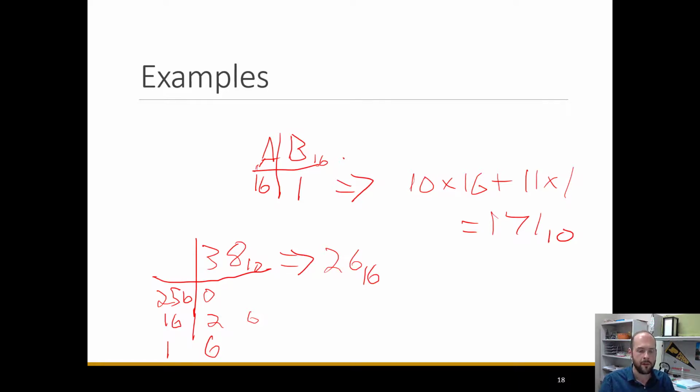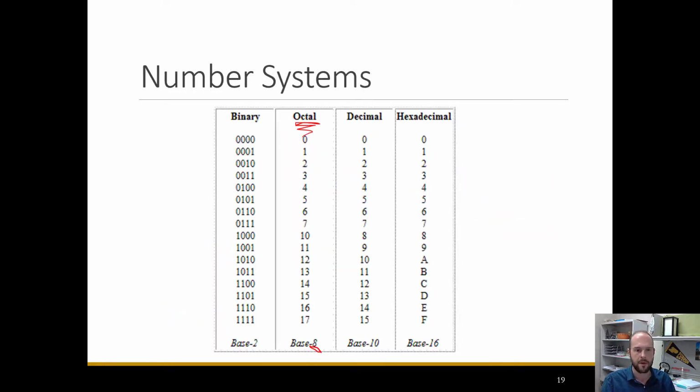So be very careful. Watch the subscripts. They indicate what the weights of the digits are. Again, please make sure you think about and comprehend fully moving back and forth between these number systems, because it's a very important concept. One thing we want to note are some relationships between these numbers. Binary and hexadecimal are both powers of 2.